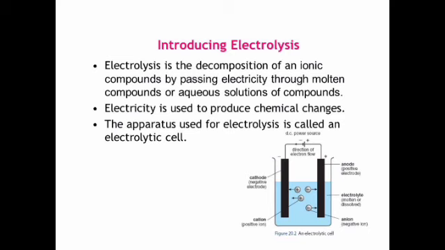Both of them have ions, so we separate the cations from the anions of both the electrolyte and the solvent. The cation in the electrolyte, a cation being a positive ion, is sodium. The cation in the solvent is hydrogen. The anion in the electrolyte is chlorine, and the anion in the solvent is hydroxide.